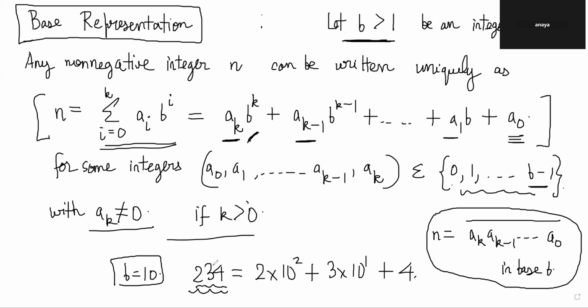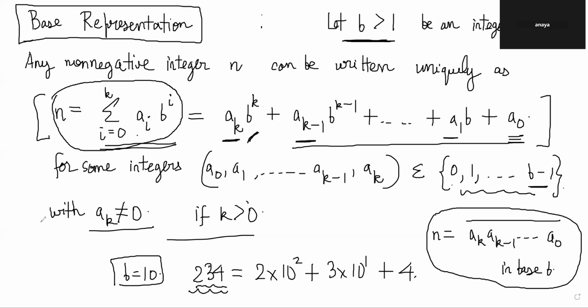Similarly, if you want to do base 2, you will have to use only digits 0 and 1. Do you understand what is being done here? So this is a general way to express any number in any base. You have to remember the condition that the digits will be between 0 and b minus 1, and the number here is a k plus 1 digit number in base b.